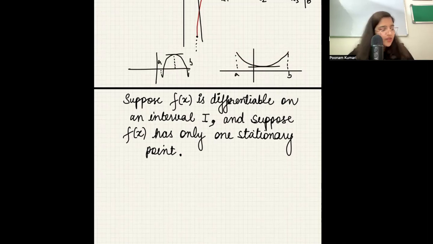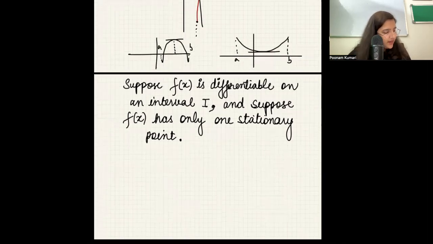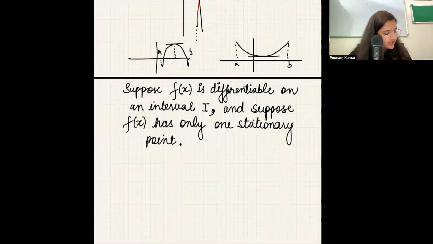So if we are talking about such functions which are differentiable in an interval and have only one stationary point, and let's say that point is x equals c. Let's say this is the point c and this is the point c. Then what can I say?